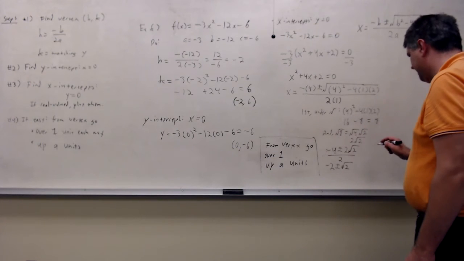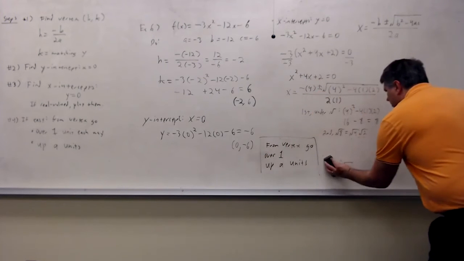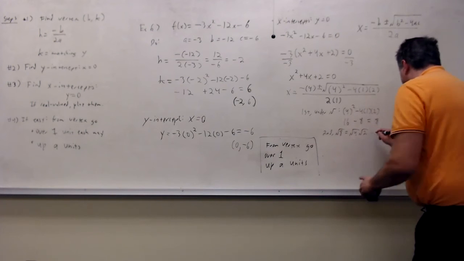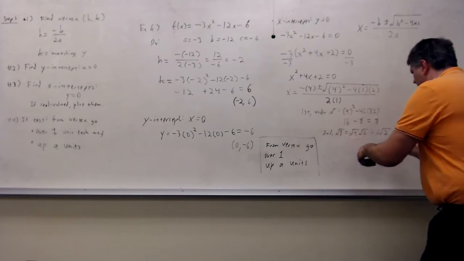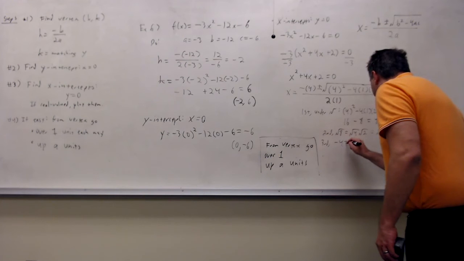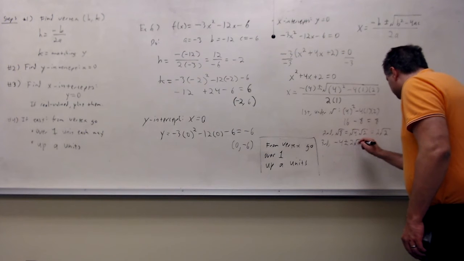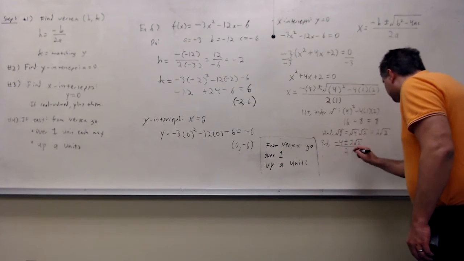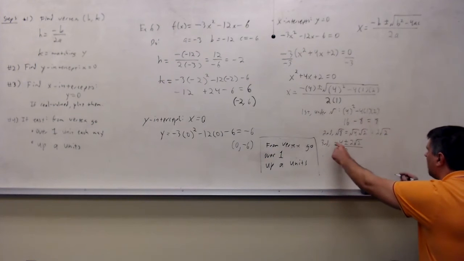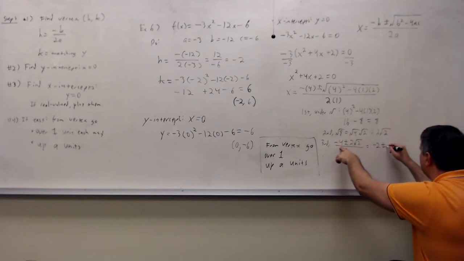That's got to be a tight squeeze. So maybe I would be better served to square root of 2. So third, I have negative 4 plus or minus 2 square root of 2 over 2, which gives me, both of these are divisible by 2, so that's negative 2 plus or minus the square root of 2.